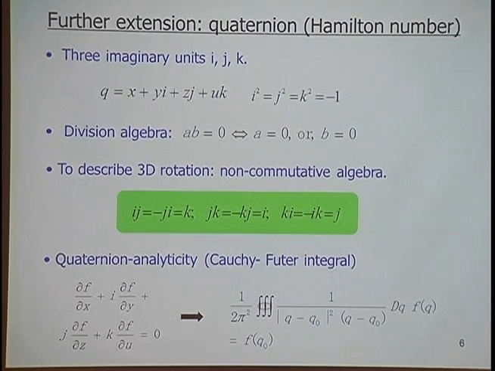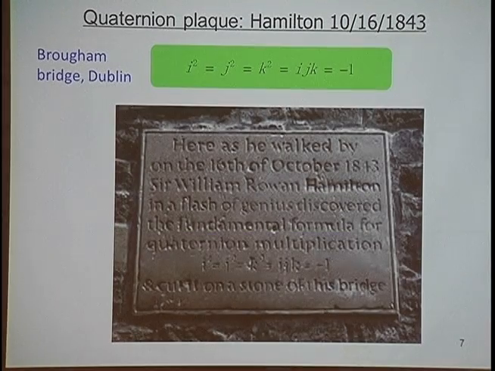And this is the counterpart of the Cauchy integral in the quaternion language. This is called the quaternion plaque, which shows that Hamilton discovered this multiplication table when he passed this bridge in Dublin about 170 years ago.